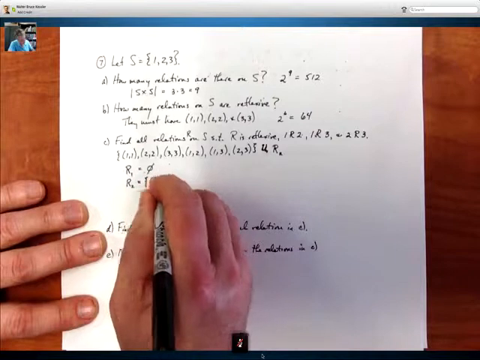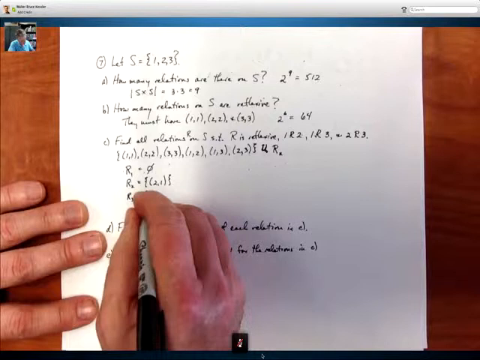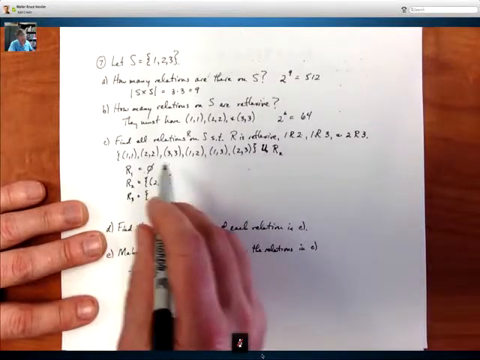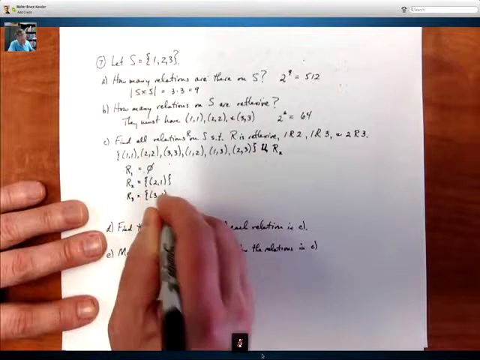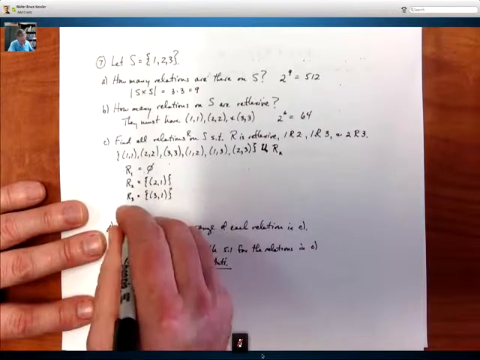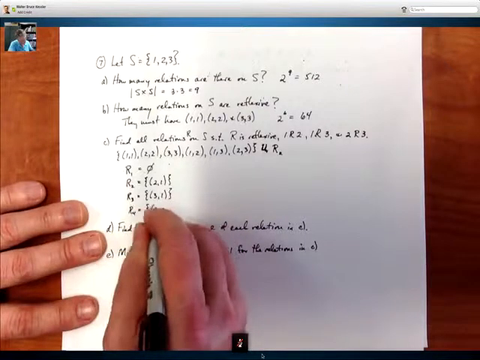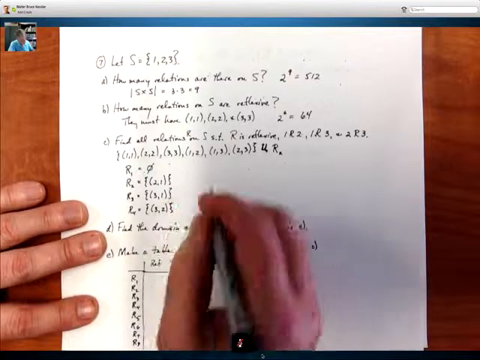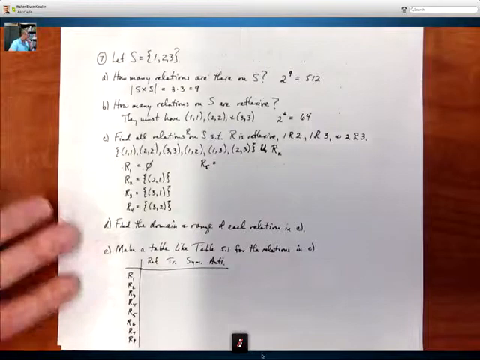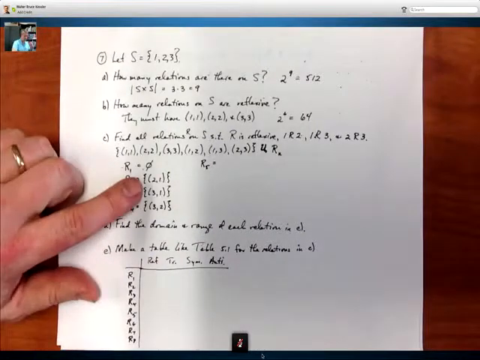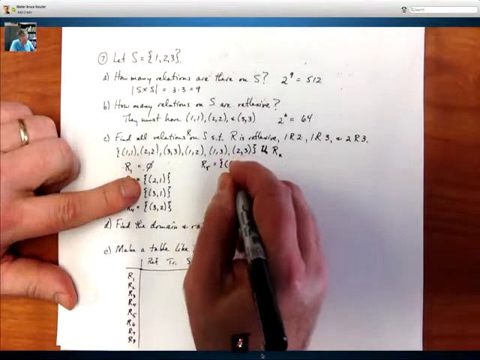What's left over? 2,1; 2,3; and then 3,1; or 3,2. Or we could do pairs of these, leaving 1 out, so we could leave out the 2,1.